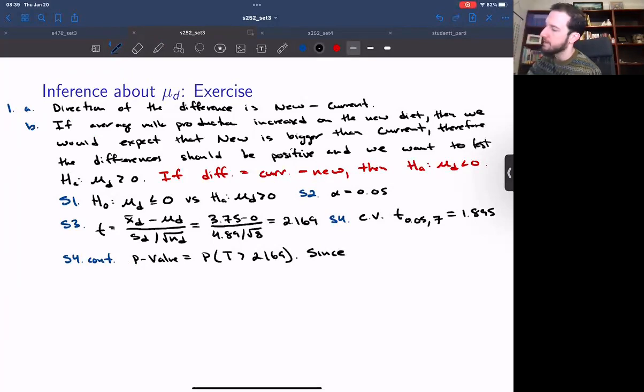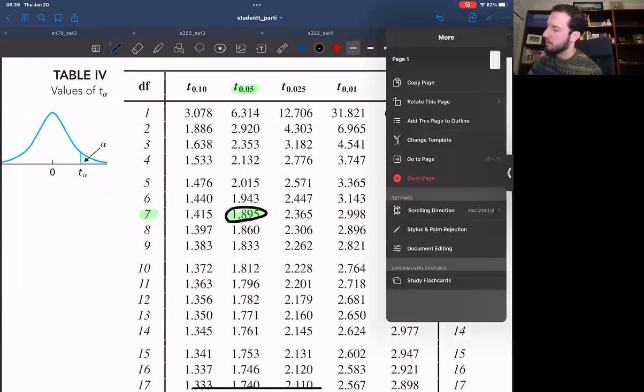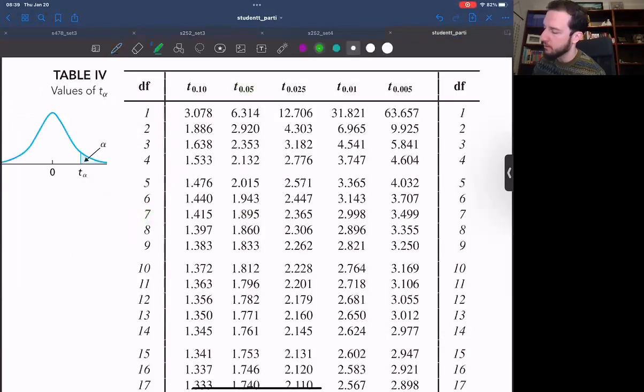So we go to our t-table, we have 7 degrees of freedom. So we're going to scroll across the line and we're looking for 2.169.